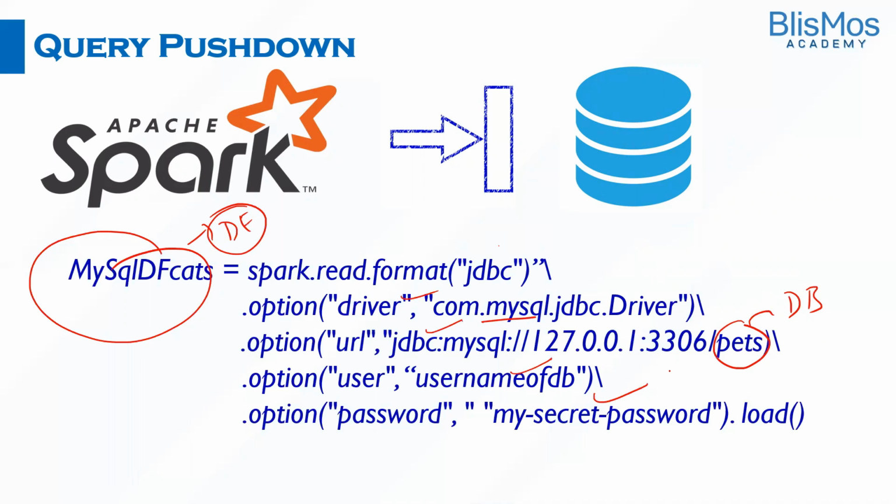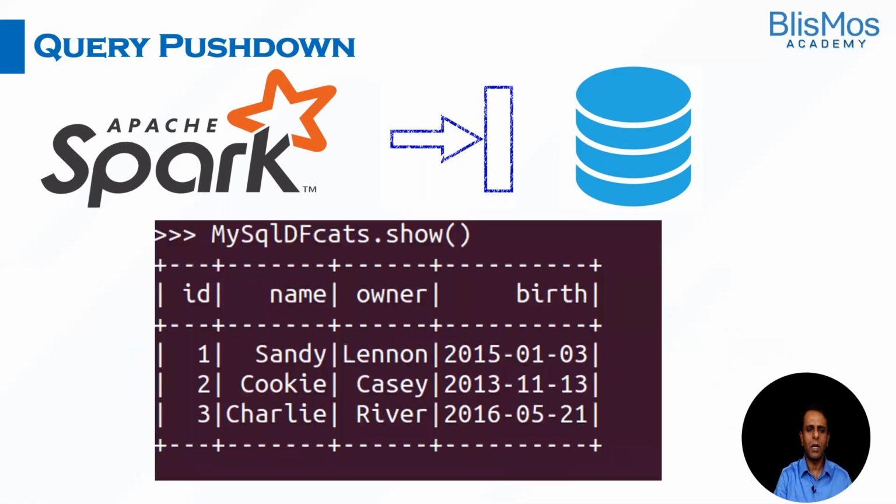We have created this data frame by reading one of the tables from this particular database. This is how it looks. The data frame has 4 columns and 3 rows. I have taken this example to make a point.